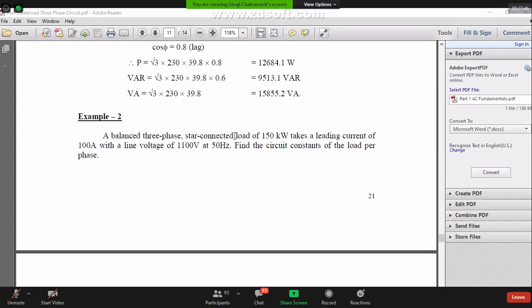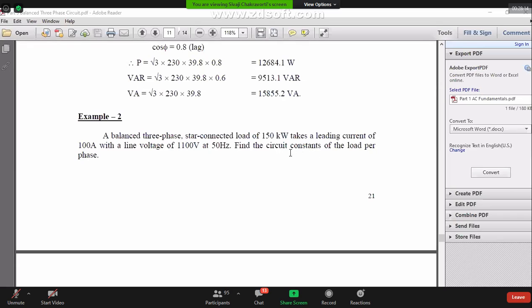Now, the second problem I want to show you. Again, I give you 30 seconds. Read example 2. Okay. Now I read again that it is a balanced 3-phase star connected load.